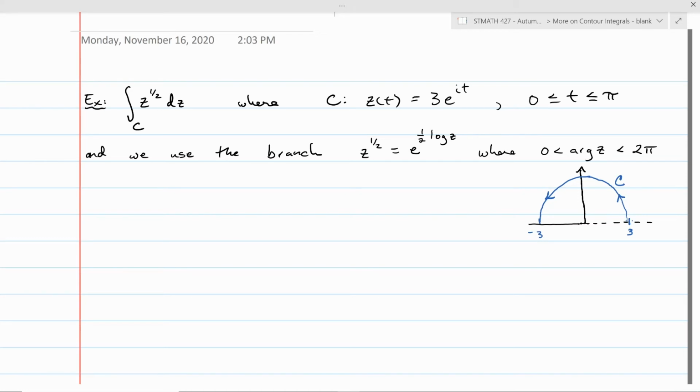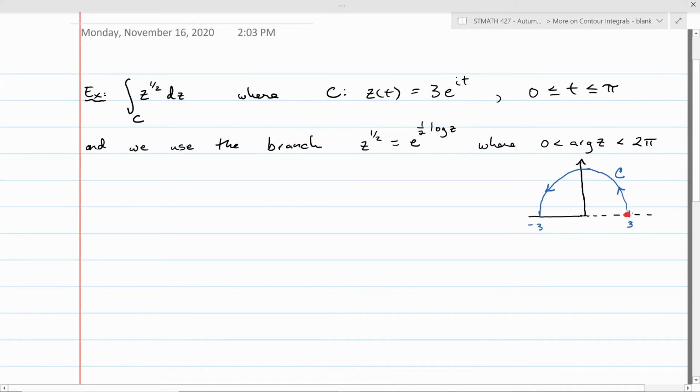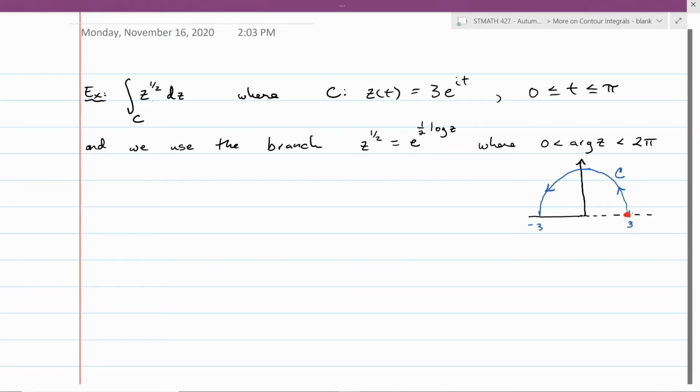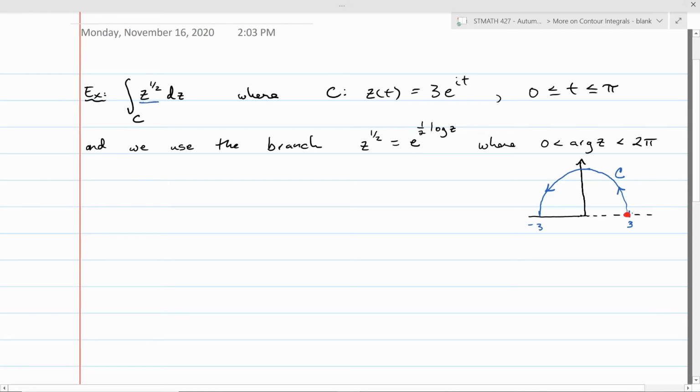And you can see that the right-hand endpoint of that curve lies on the branch cut that we're going to use for the square root function. So the point here is that the integrand, the thing that you're integrating, is just not defined there. And so we have to give the function some definition there before we can get away with doing the integral. So let's see how this would work.